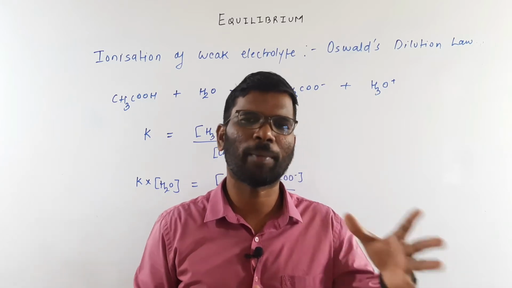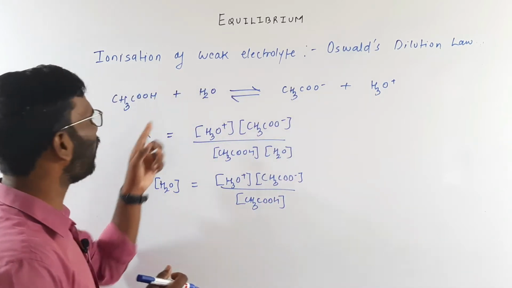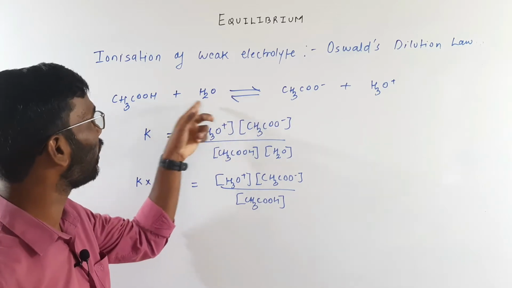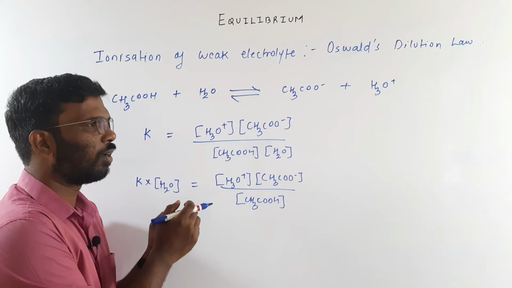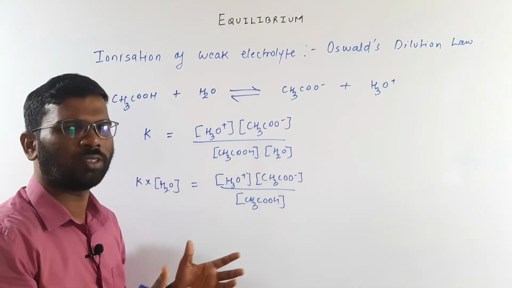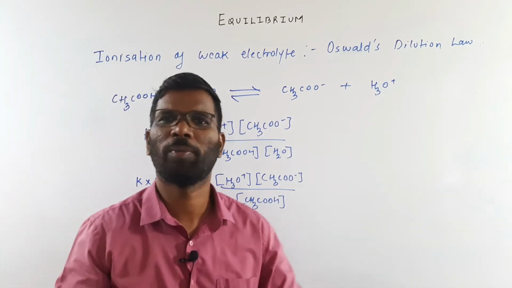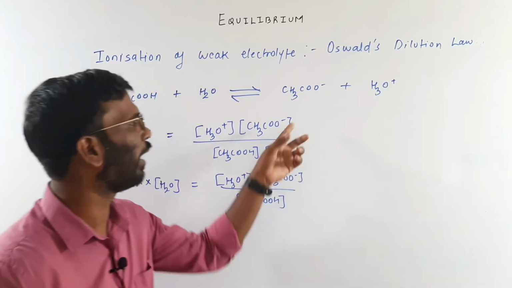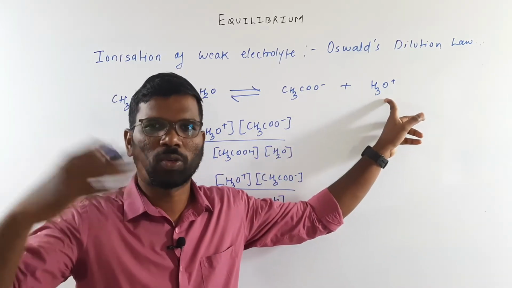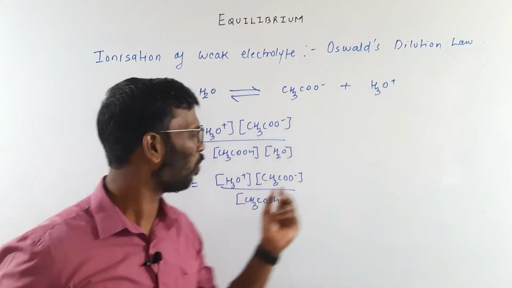Very little of it is going to split up, meaning very little of the acetic acid is going to form H3O plus. Just as an example, out of maybe 10,000 molecules of H2O, just 1 or 2 are going to get converted to H3O plus. So I can consider the concentration of water to be constant.